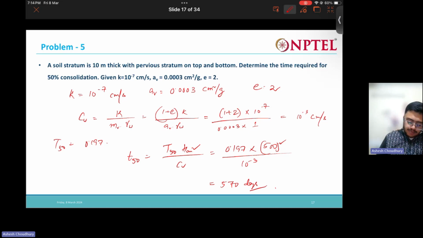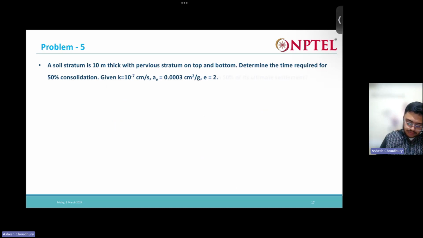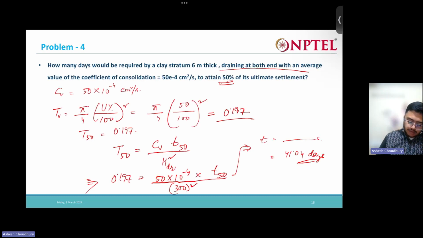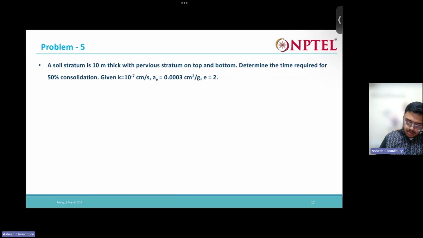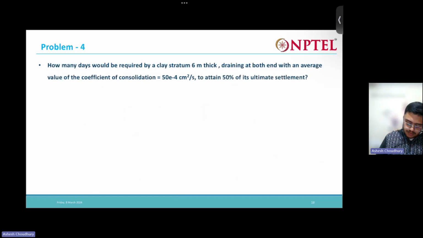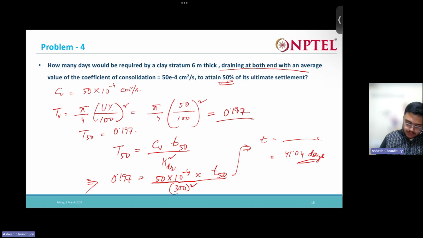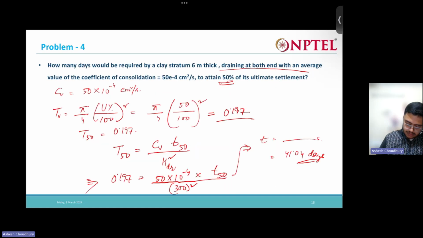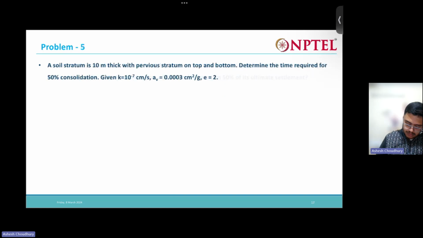So you can see here, in the previous problem, leave it, no need to compare.